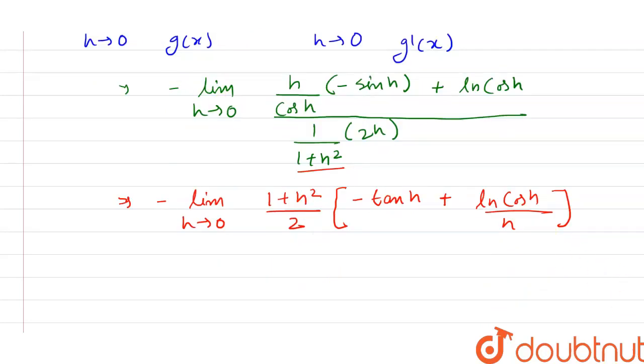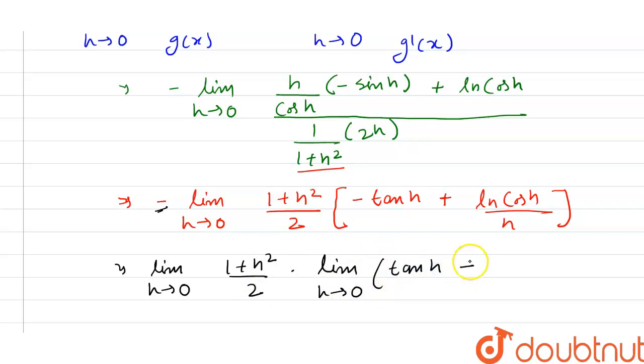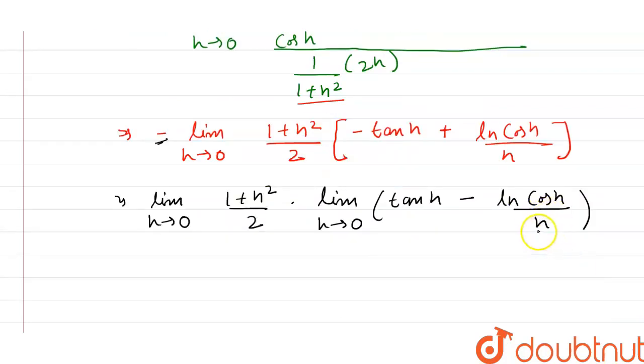Now if we separate the terms, multiplying the sign inside the bracket, we get limit h tends to 0 of 1 plus h square by 2 into limit h tends to 0 of tan h minus ln cos h upon h. Now again if we apply h is equal to 0, ln cos 0 is ln 1, which is equal to 0, upon 0. So this is in the form of 0 by 0.